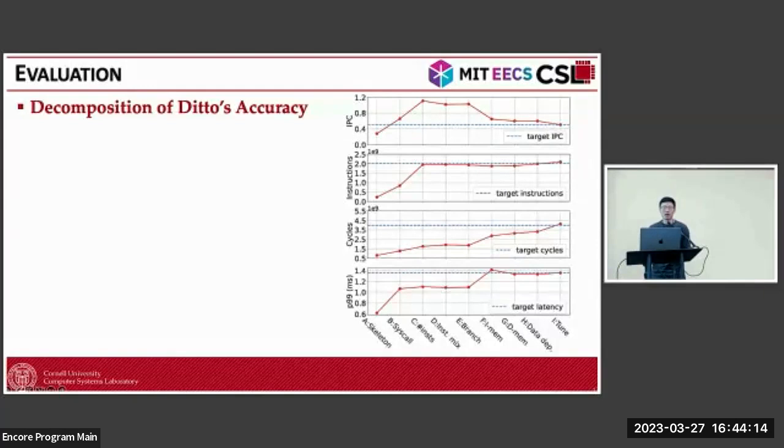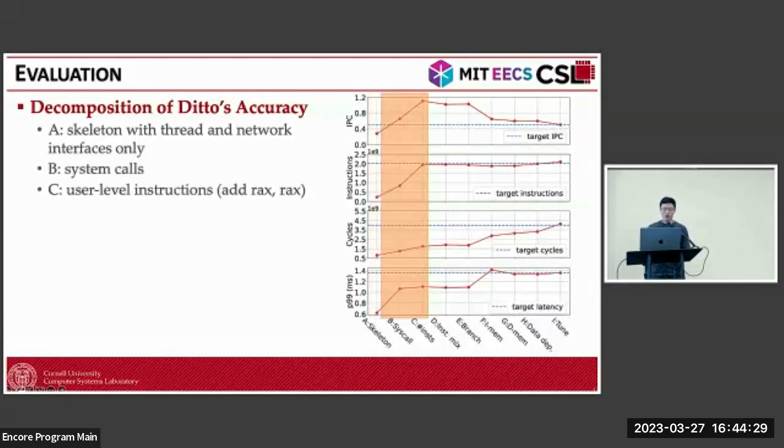And Ditto has many components to model an application's behavior. And here we use MongoDB as an example to break down Ditto's accuracy. So we start with the simplest version where we only generate the application skeleton. And then we inject system calls and user-level instructions to match the total instruction count.